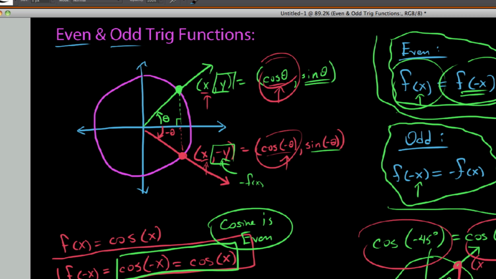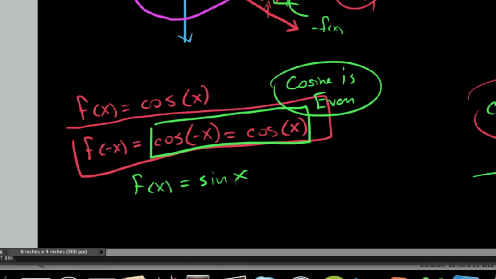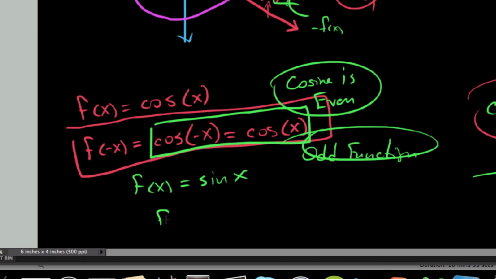So if we were to define our function now as f of x equals, say, sine x, that's our function. Well, since this is odd, I'll just go ahead and tell you right now, sine is an odd function. I know, you're already thinking that, I'm sure. For an odd function, we could say f of negative x, or sine of some negative angle, would be the same thing as negative, just plain sine of the positive angle.